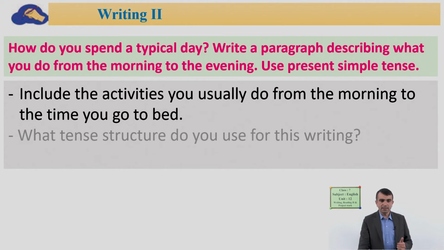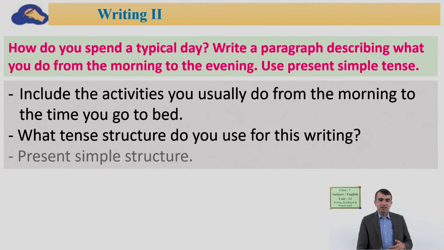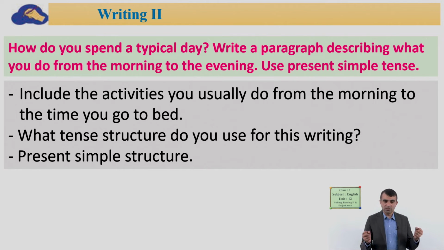Okay, and then what tense structure do you use for this writing? Certainly that is present simple tense, isn't it? Present simple. Good. Now using present simple structure you can write your one day's activities.